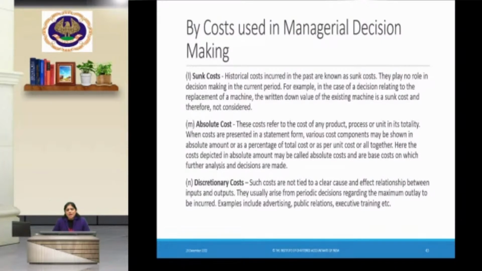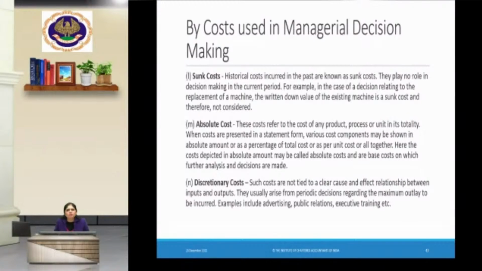Discretionary cost. Again, I've explained earlier, discretionary cost does not have that cause and effect relationship. It does not have that input-output relationship. So discretionary costs are not tied to a clear cause and effect. All right. So the best example is advertising or public relations. I spent 5 lakh on advertisement. Can I compare? Can I measure how much that 5 lakh actually led to my output or to my sales?